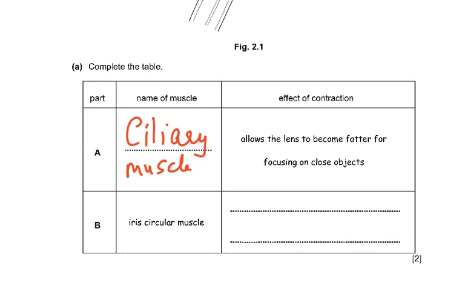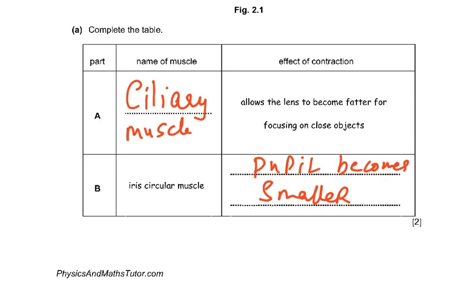Then iris circular muscle. What is the effect of this? Pupil becomes smaller. So that was for 2 marks.